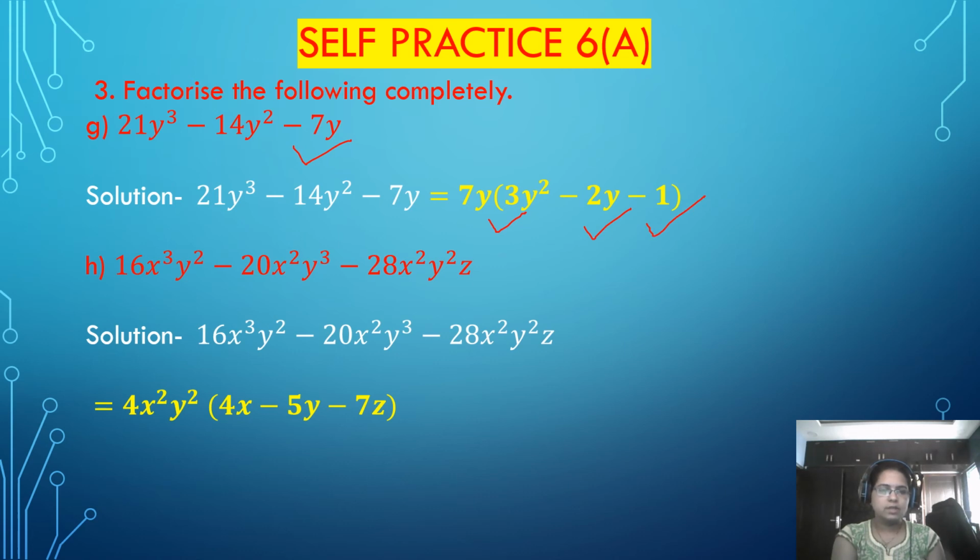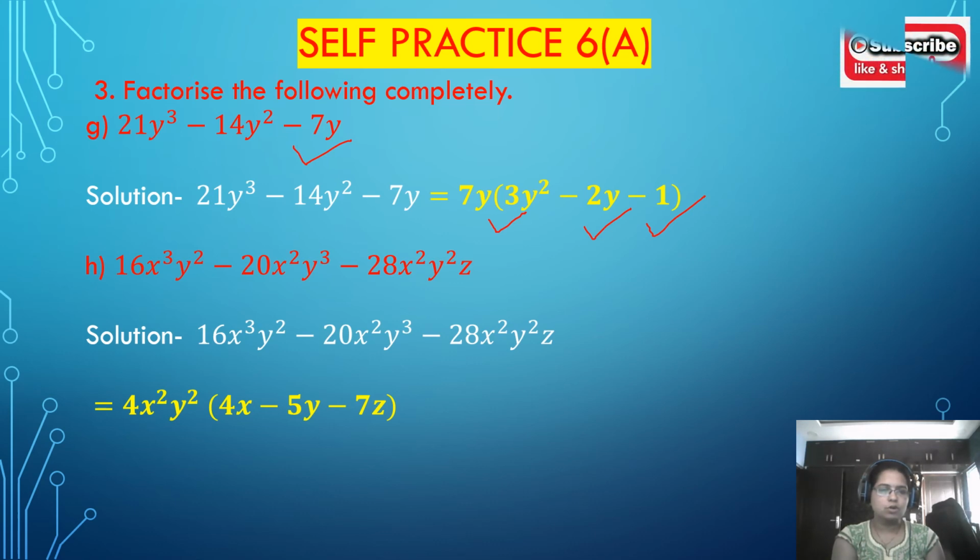H: 16 x cube y square minus 20 x square y cube minus 28 x square y square z. Here 16 is 4 multiplied with 4, 20 is 4 multiplied with 5, and 28 is 4 multiplied with 7. So here 4 is the common factor, and x cube. In the second term x square is here, in the third term also x square.